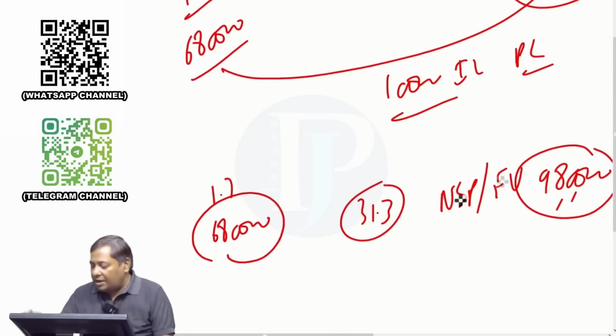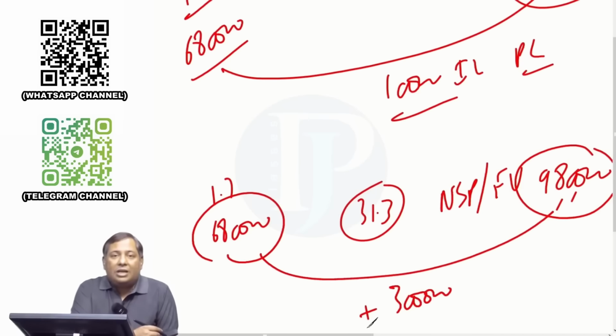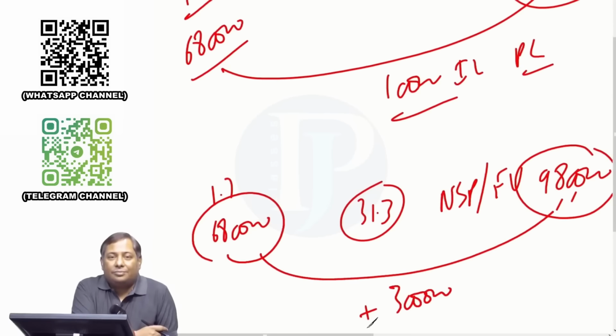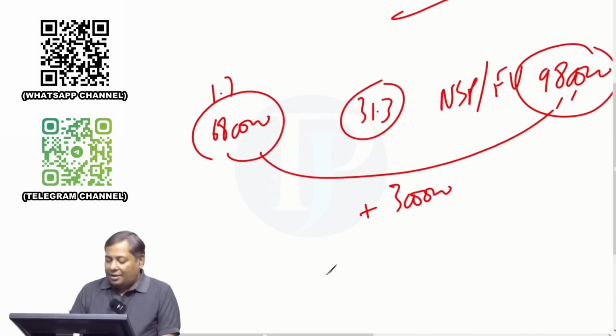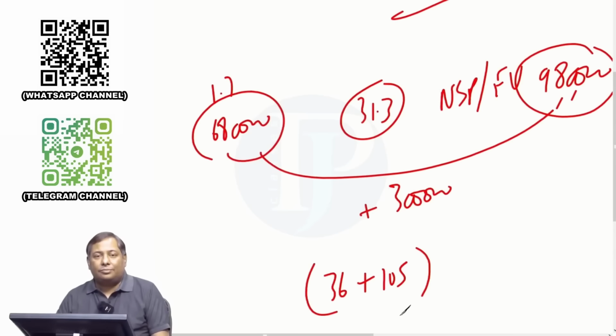6.8 lakhs here, it's 9.8 lakhs. Appreciation comes for 3 lakh. And when you get an appreciation of rupees 3 lakhs, you can reverse the impairment loss. So now the question arises, how much impairment loss can we reverse? The answer is, whatever you write off in your Ind AS 36 and whatever you write off in your Ind AS 105, you can reverse that much.